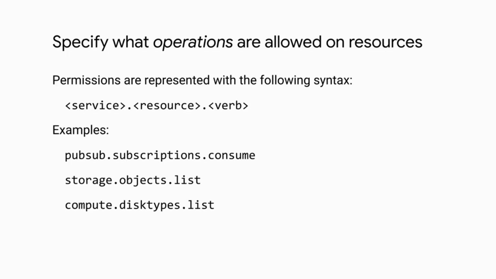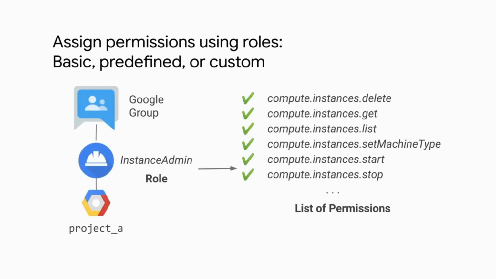Permissions usually, but not always, correspond one-to-one with REST methods. That is, each Google Cloud service has an associated set of permissions for each REST method that it exposes. The caller of that method needs those permissions to call that method. For example, the caller of publisher.publish needs the pubsub.topics.publish permission.